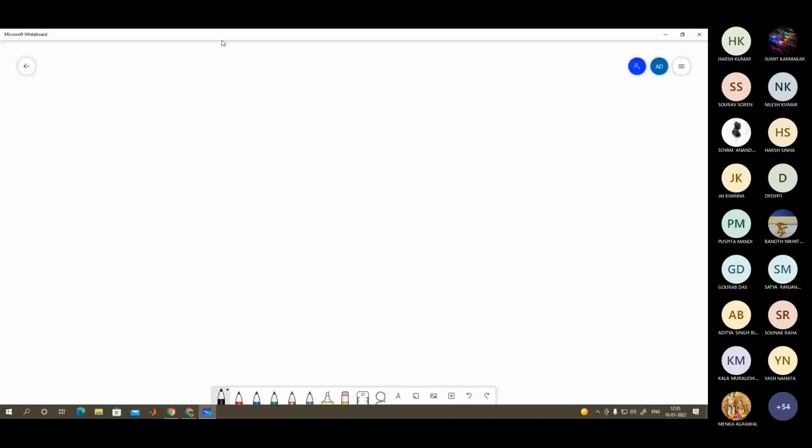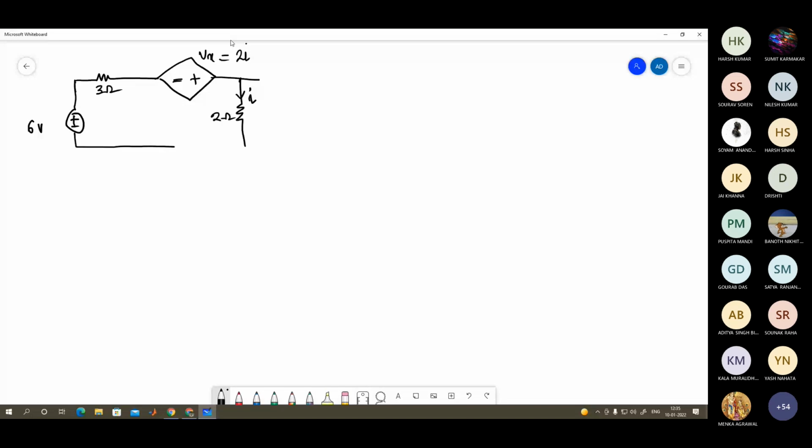So we can see that this is a dependent source which is a function of 2I, and this is your branch current I, and we name it. Just by looking at the polarity you can understand this is a dependent voltage source. So Vx equal to 2I, in that way it is given, and you have to Theveninize this circuit. This is A, this is B.